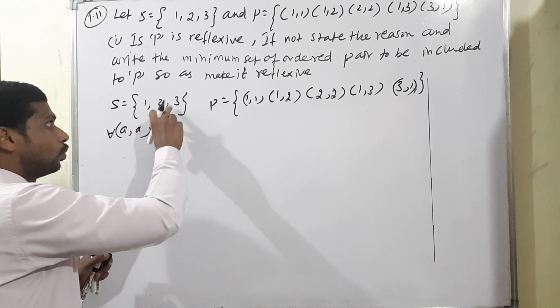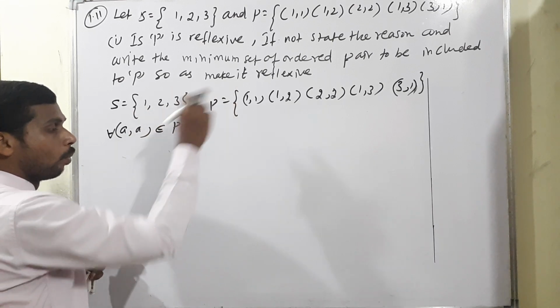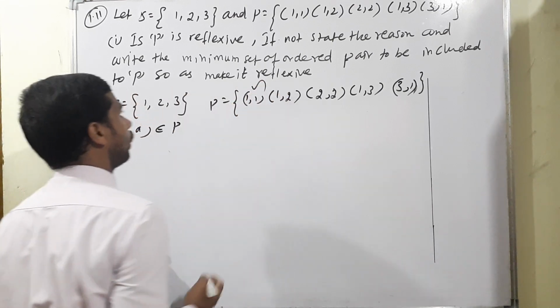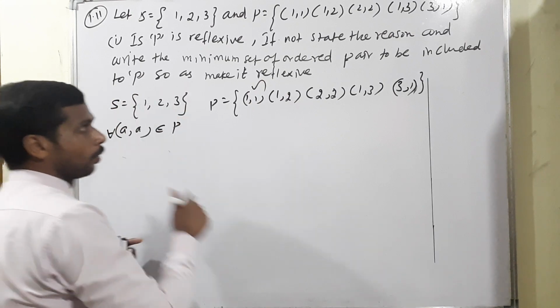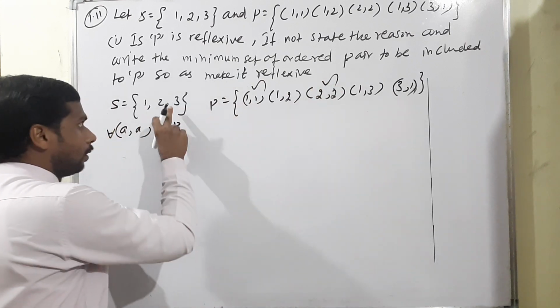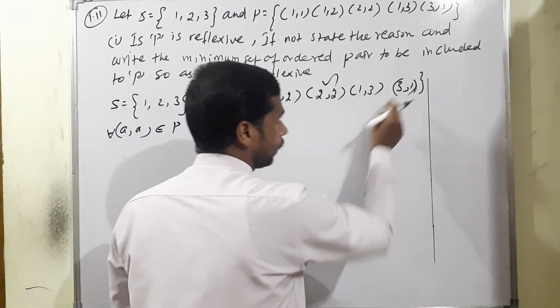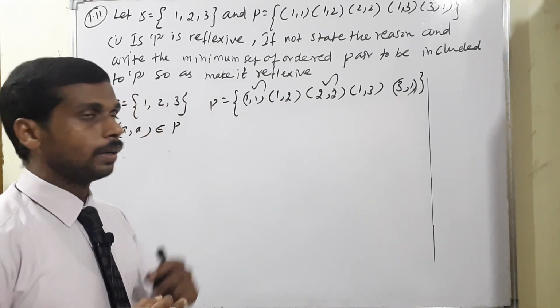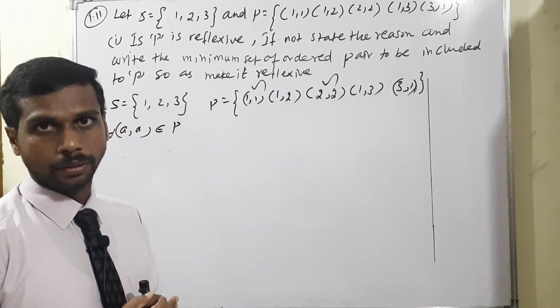So since 1, 2, 3 are there, definitely (1,1) is one of the pairs, (2,2) is another pair, then (3,3), check whether it's available. It is not available in the pairs.